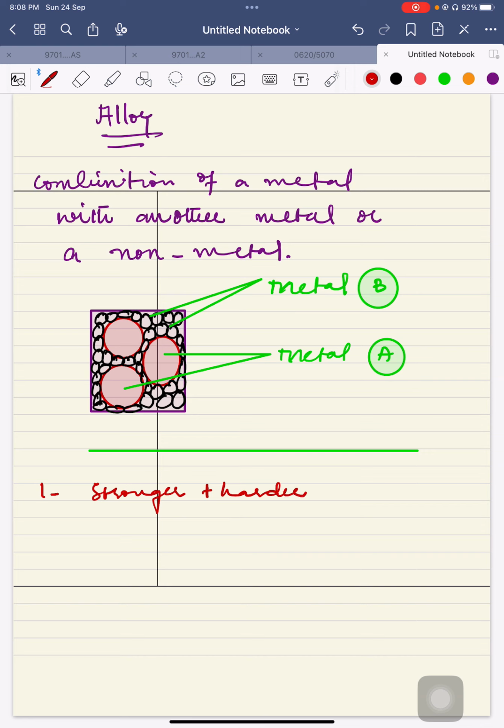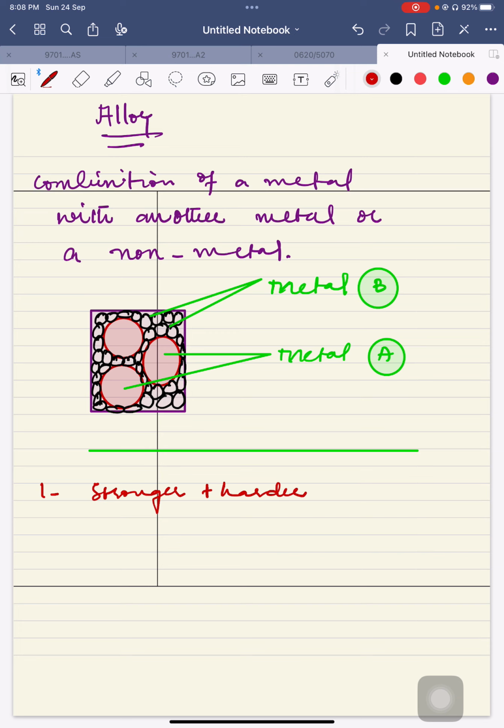Because in case of a pure metal, the particles, positively charged nuclei, can slide over each other, can slip over each other, due to which a pure metal is softer as compared to an alloy. Whereas in case of an alloy, due to different sizes, the particles prohibit the slip and slide over each other. They are entangled with each other. They cannot slip and slide over each other. Due to this reason, an alloy is harder and stronger as compared to a pure metal.